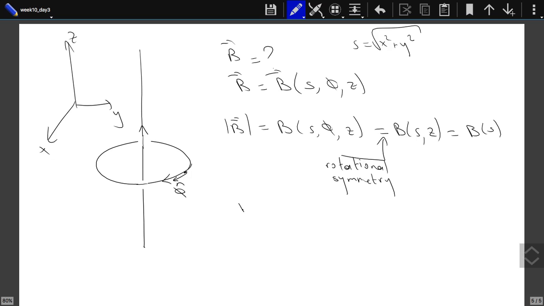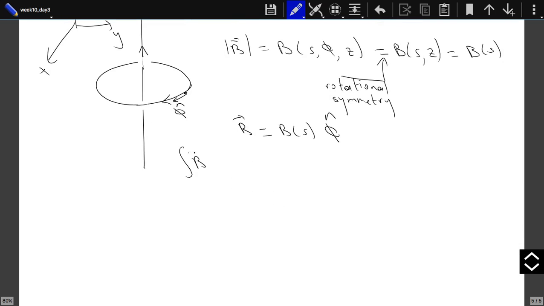So I know that B, the magnetic induction field itself, is Bs in the phi hat direction. Well, I don't know the direction of B. It can be either in the phi hat direction or in the opposite direction. So although I called Bs the magnitude over here, here I define Bs as the component in the phi hat direction. It can be both positive and negative, because I don't really know whether it is in the phi hat direction or not.